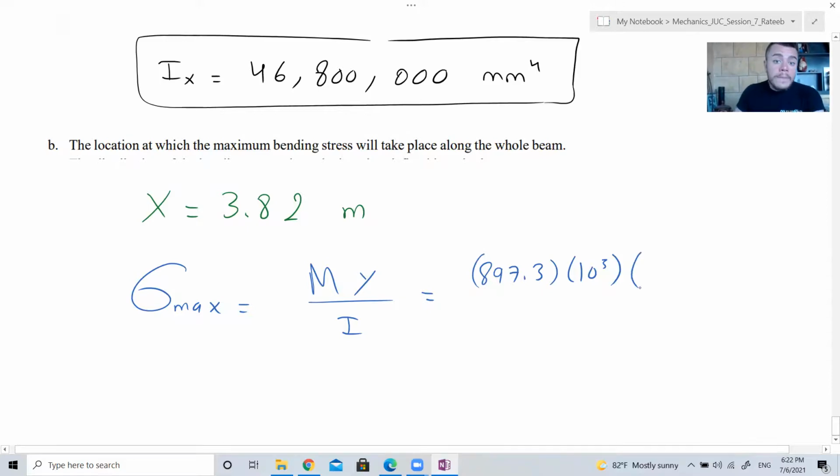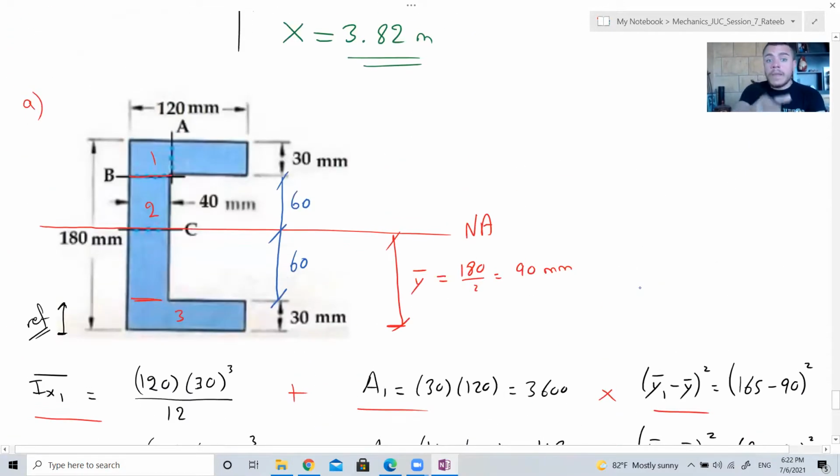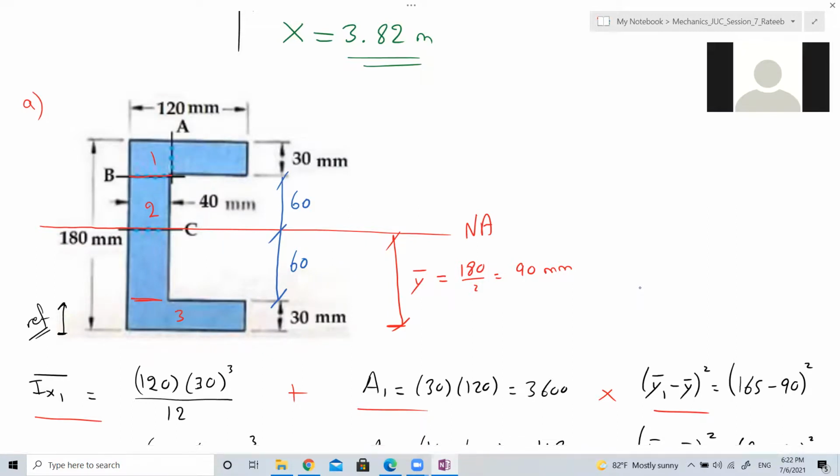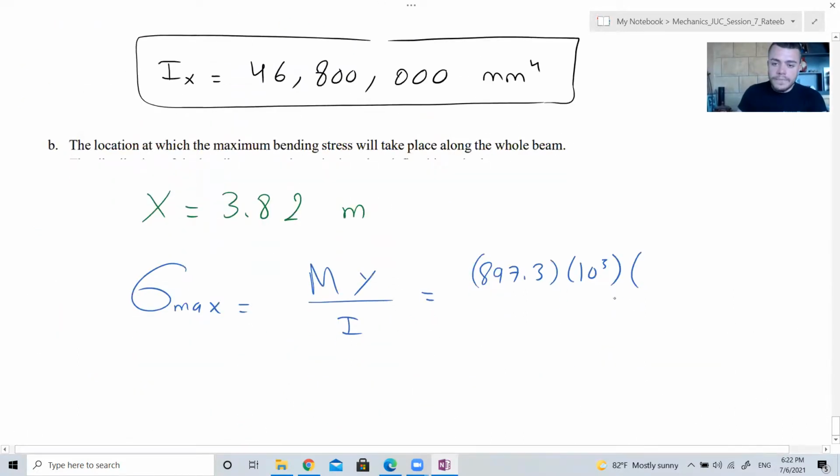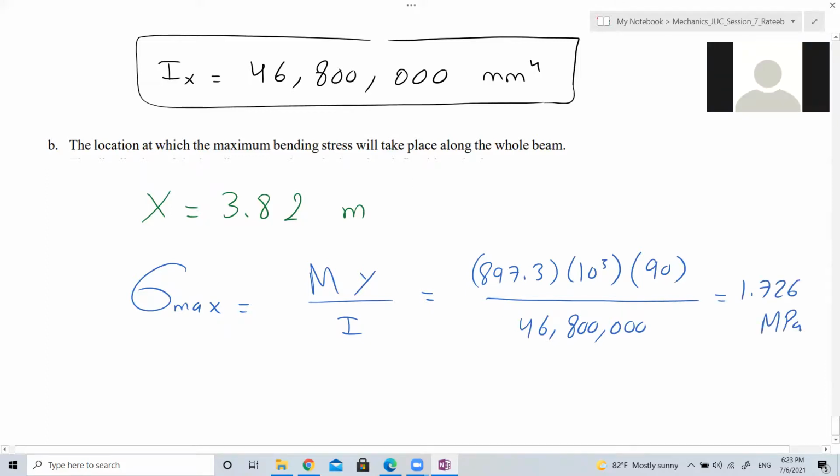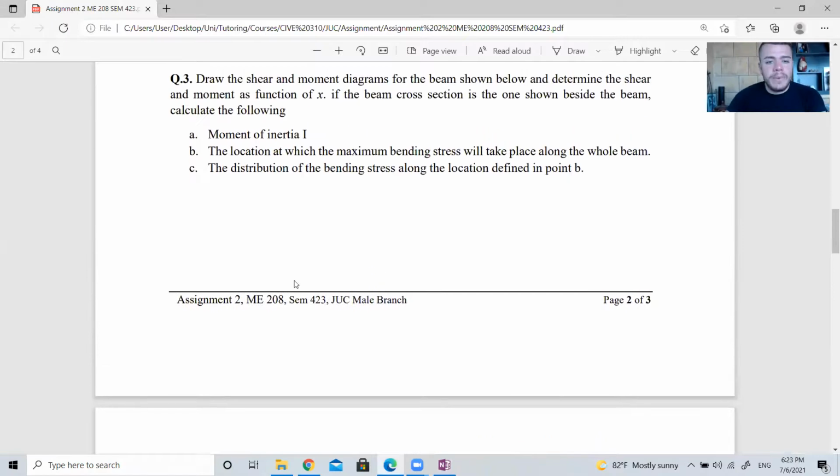What is y from the cross section? 180? No, careful. From the middle, so 90. Over I, which is 46,800,000. You get 1.726 megapascals. Is it clear, guys?